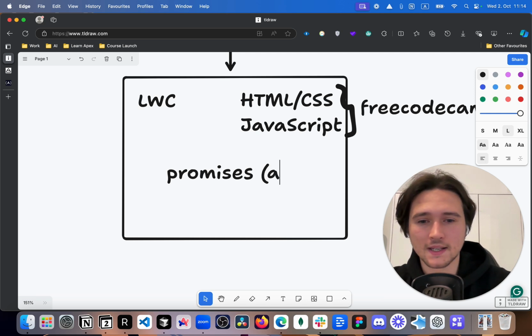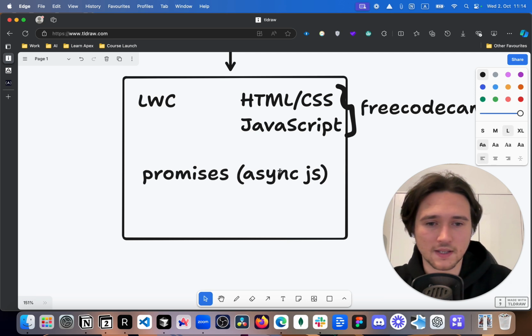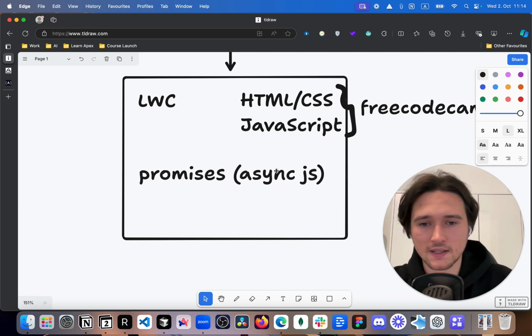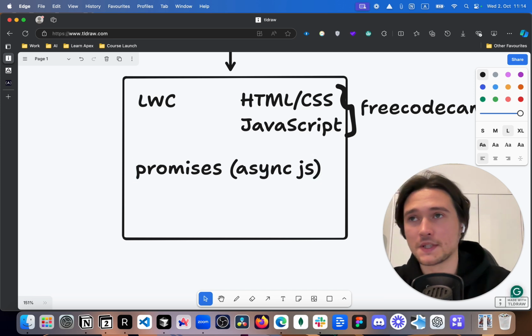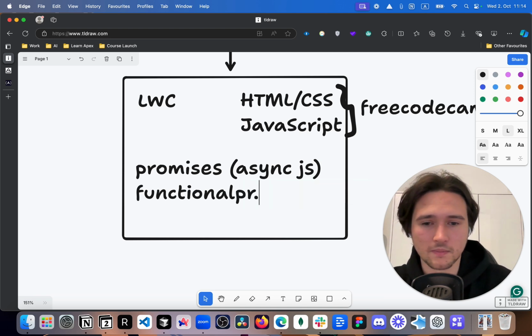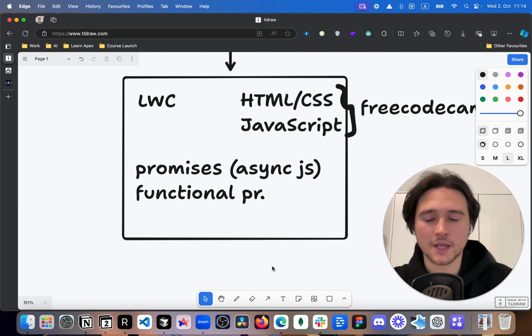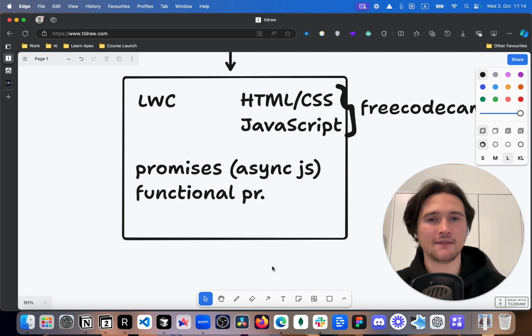Promises, or everything that is async JavaScript, right? Everything that has to do with this type of thing. So we have promises, and then we have functional programming. The reason I'm going to mention functional programming is that this is the first time people even hear about it.